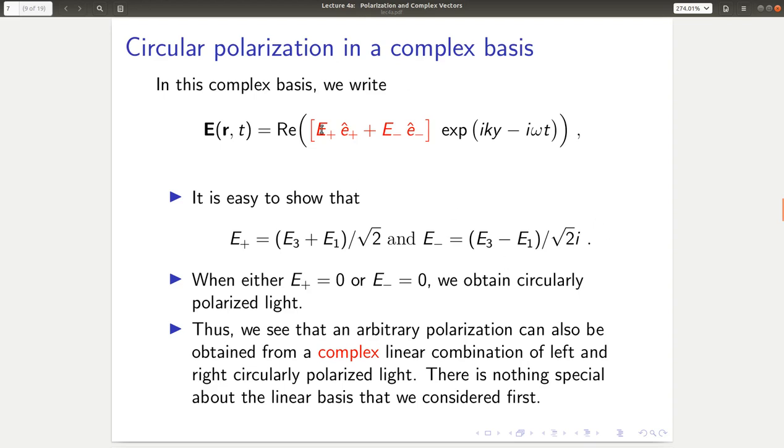So one conclusion we can draw from here is, when E plus and E minus are non-zero, we get an arbitrary polarization, and that can be obtained not just as we saw before, but now as a complex linear combination of left and right circularly polarized light. So there is nothing special about the linear basis that we considered first.